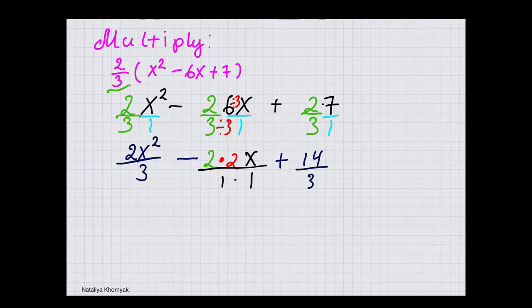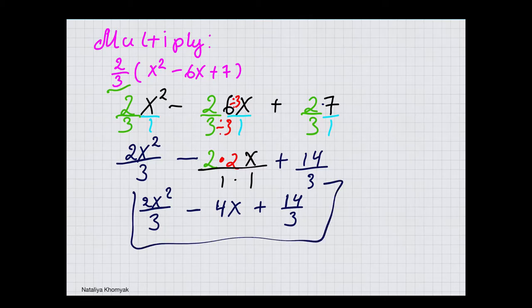We still have some simplifying to do, so 2x squared out of 3 minus 2 times 2, 4 times x, 4x, out of 1 times 1, 1. So this becomes a whole number plus 14 out of 3.